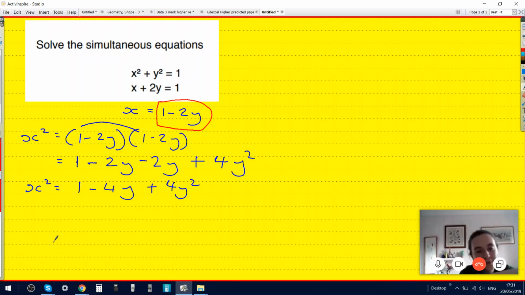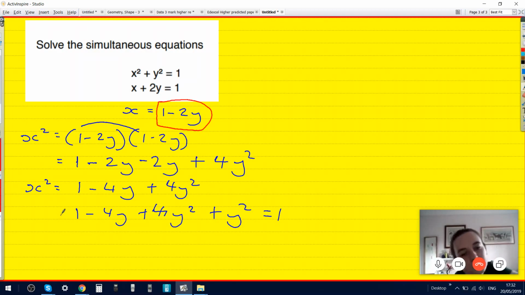So then 1 minus 4y plus 4y squared equals 1 plus y squared. So then that's 1 minus 4y plus 5y squared.